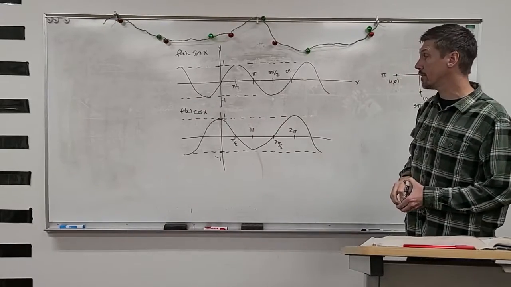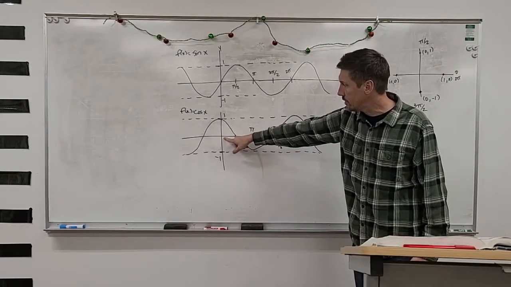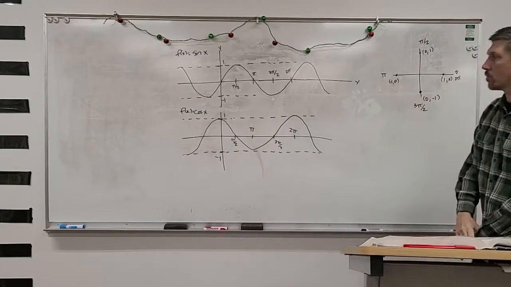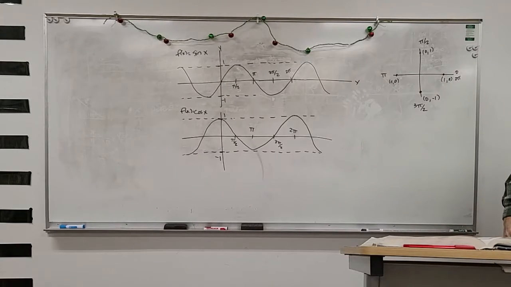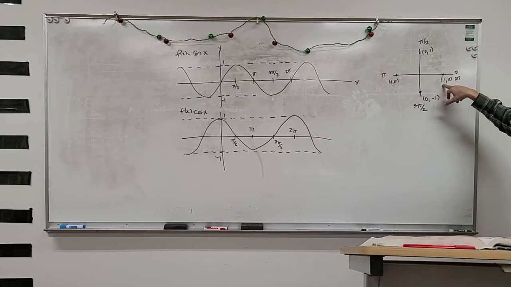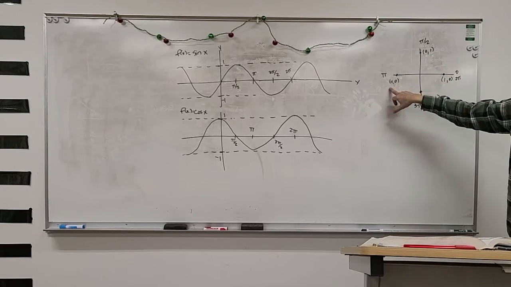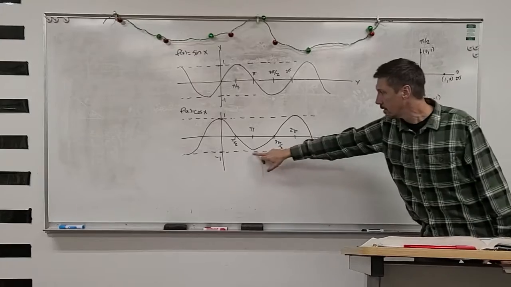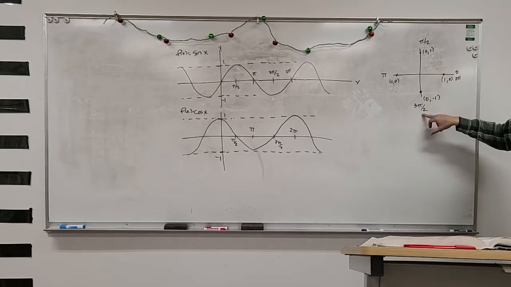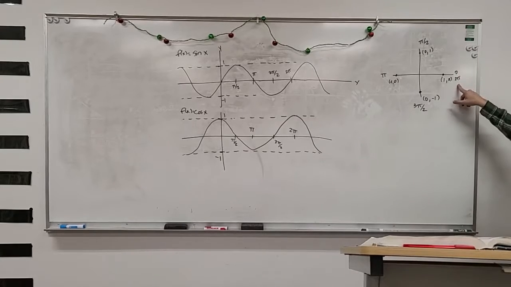And so again, thinking about it, when the x coordinate is at 0 radians, then for the cosine our x coordinate is 1. The x coordinate at pi halves is 0. The x coordinate at pi is -1 down here. The x coordinate at 3 pi halves is 0, so we're back up here, and then it repeats itself again at 2 pi.